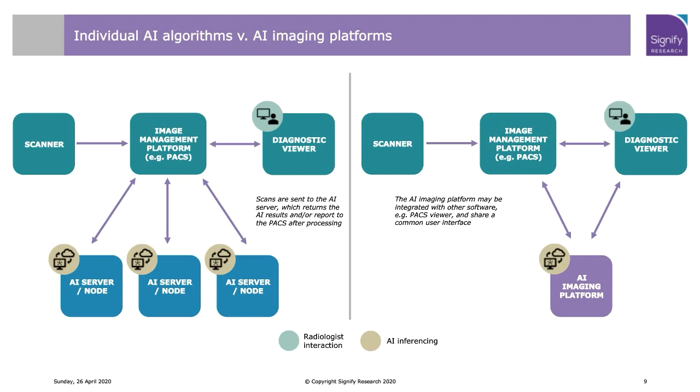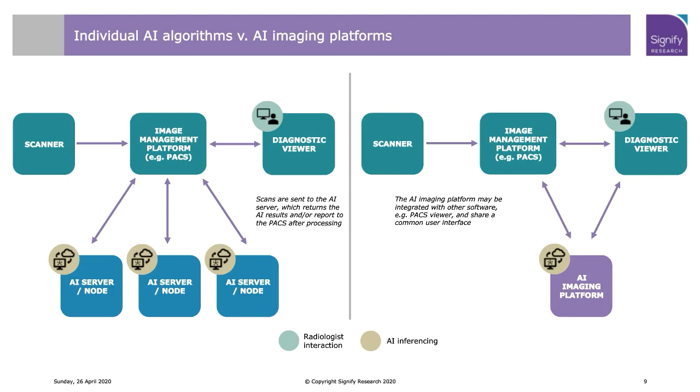To drive home this point, I've developed this graphic, of course, in a simplified manner, to attempt to show the advantages of an AI imaging platform over individual AI installations. Over on the left, we can see that individual AI solutions require separate servers or nodes where the AI inferencing occurs, and this interacts with the image management platform before the results are displayed in the diagnostic viewer for the radiologist.